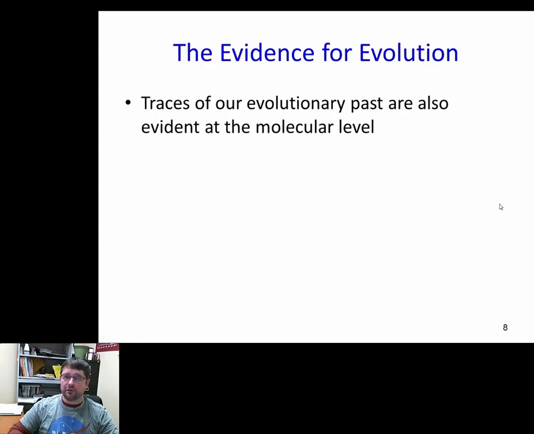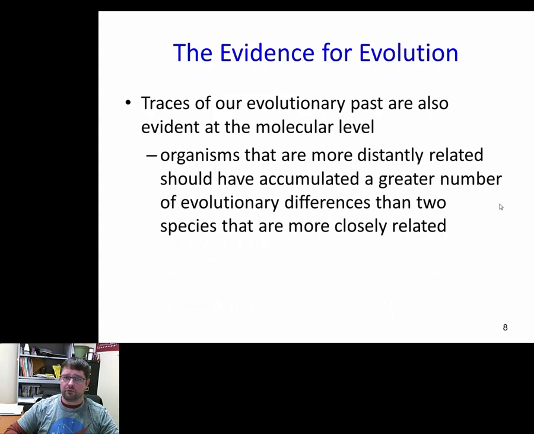All right, so other evidence that Darwin was not aware of comes at the molecular level. The discovery of DNA, the discovery of the structure of DNA, the discovery of genes and proteins really has allowed science to test a lot of Darwin's hypotheses.